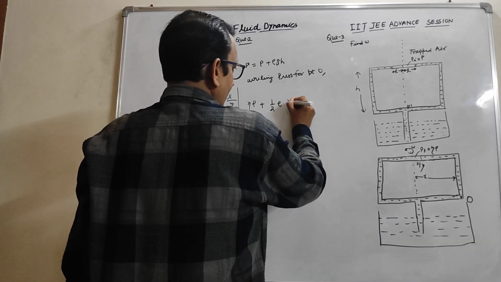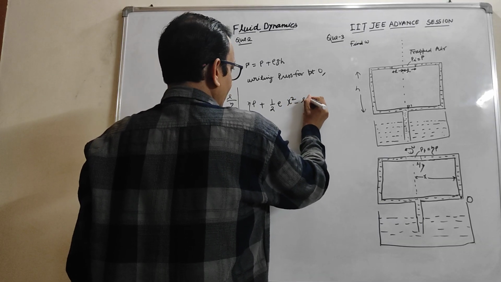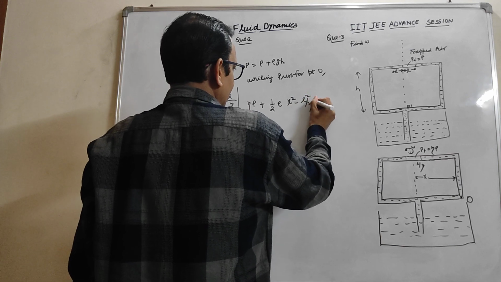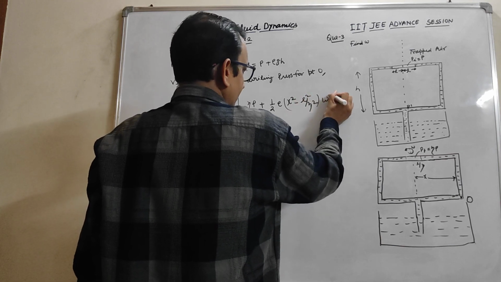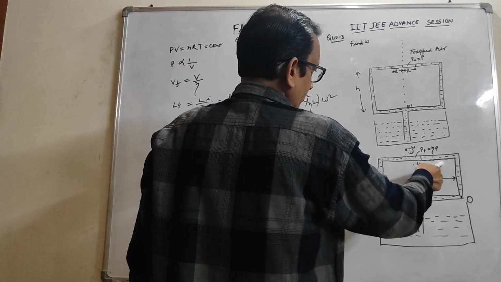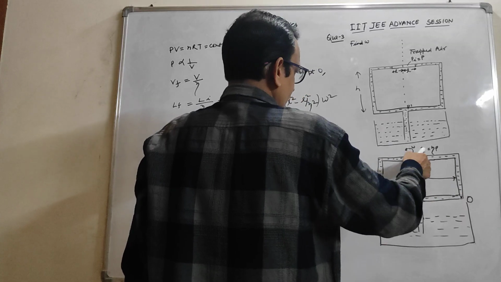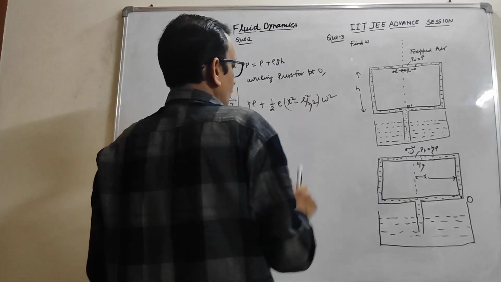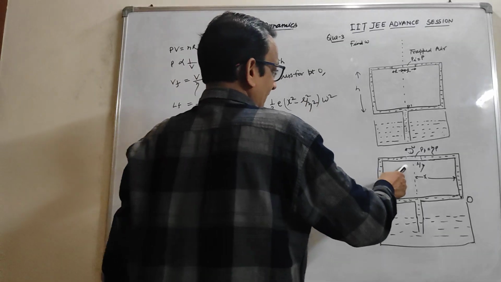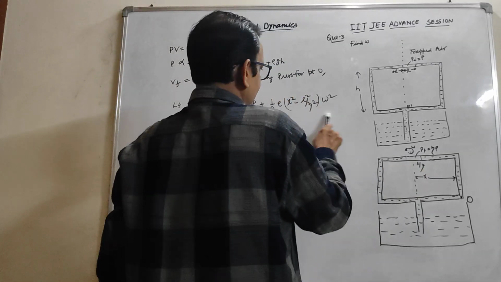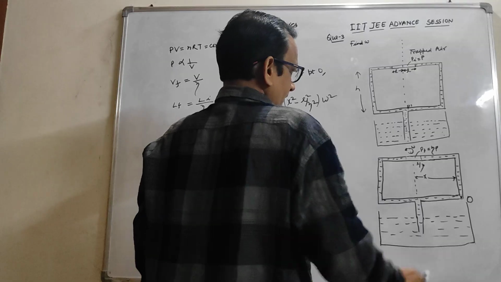This becomes x square minus (L by eta) square, into omega square. Because of this force, this becomes x square minus x square by eta square. So the pressure gradient would be written as this equation.